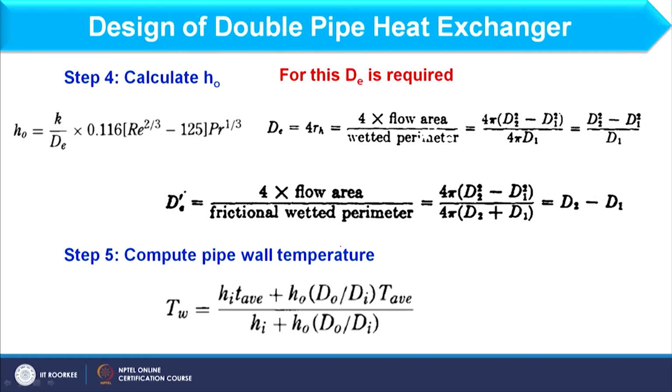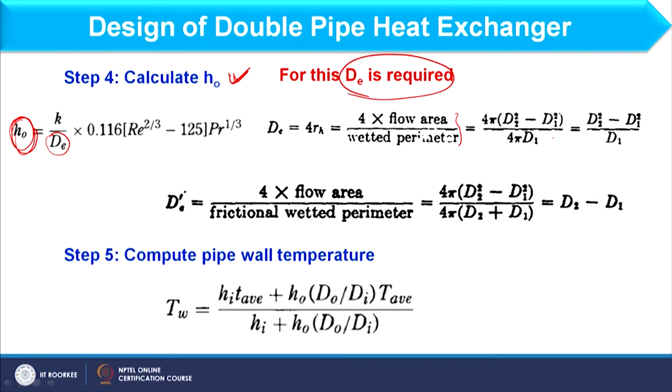Here I have step number 4, where I have to calculate the heat transfer coefficient at the outer surface of the inner pipe, and for this I need to find the equivalent diameter, that is DE. This is the expression to calculate the heat transfer coefficient on the outer surface of the inner pipe. Here I have this equivalent dia. Equivalent dia you can define as 4 into flow area by wetted perimeter.